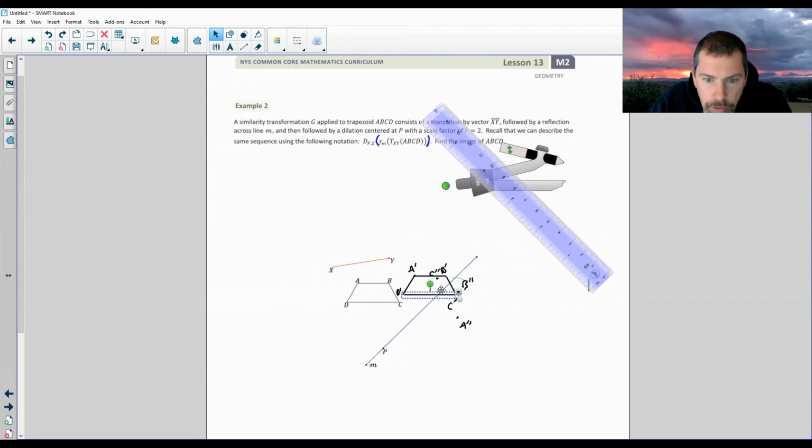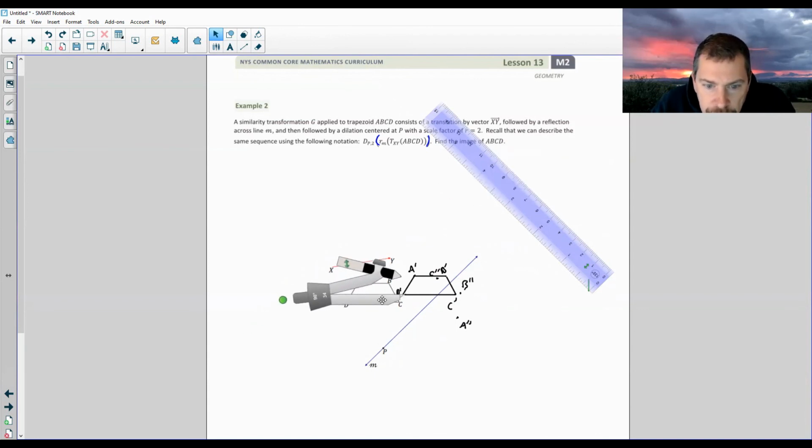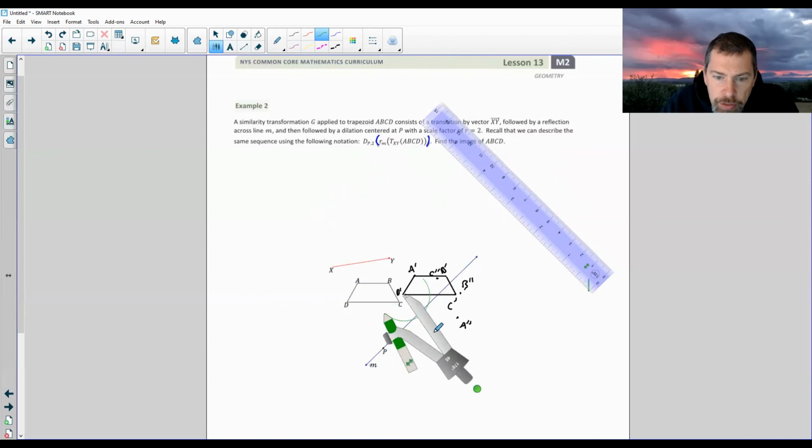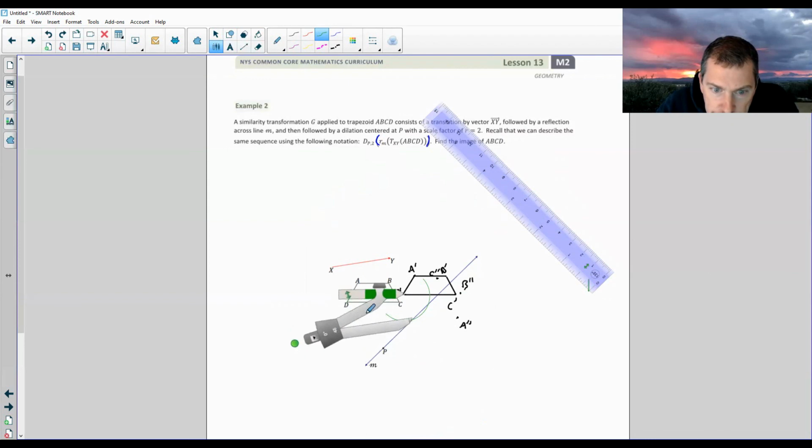Whoops, wrong thing. Delete, delete. I got lucky there, and delete. Okay, so here's B double prime, A double prime is here, C double prime is here, and now we just need to do D. This is very time consuming, as you can see. And then I'm going to draw a circle. Notice the radius is too short, not big enough of a circle to cross this segment at 2 places. Line M has to be crossed twice. Put your compass at one intersection point. It should go through D, just like that, because I never adjusted it.